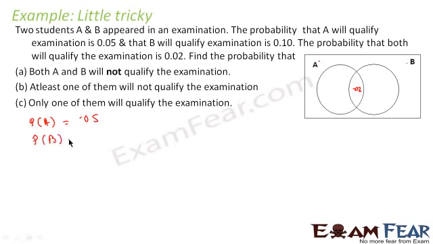Now, when we say both A and B will not qualify, we are asking for the probability of the complement of both A and B qualifying. Because if you see, A and B not qualify will be this area.